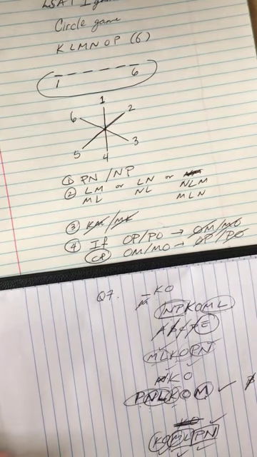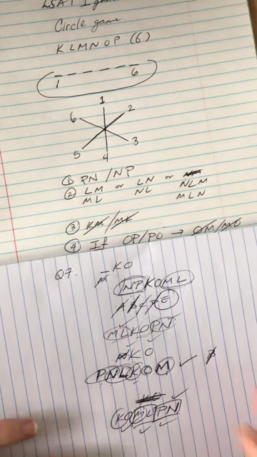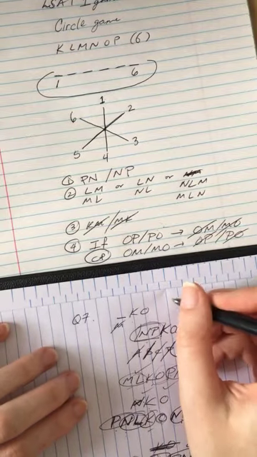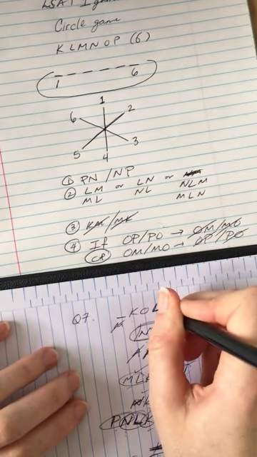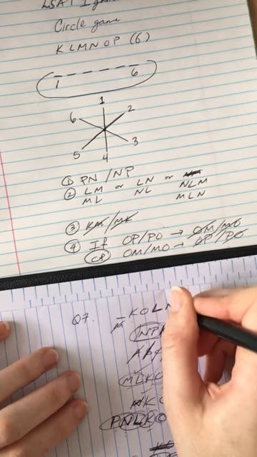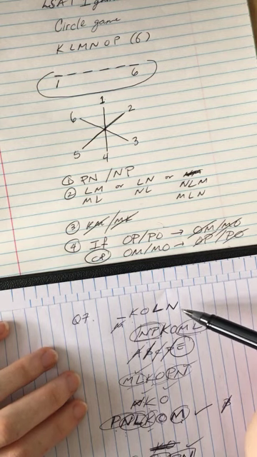So there must be some reason that we cannot have L directly between N and O. So L directly between N and O, so that would put L here, and N would be on the other side. And then who do we have left?